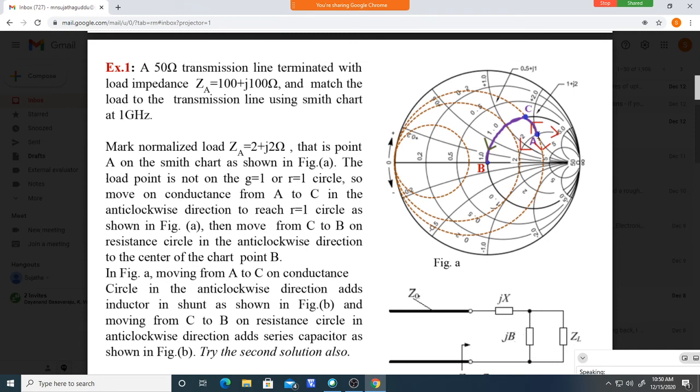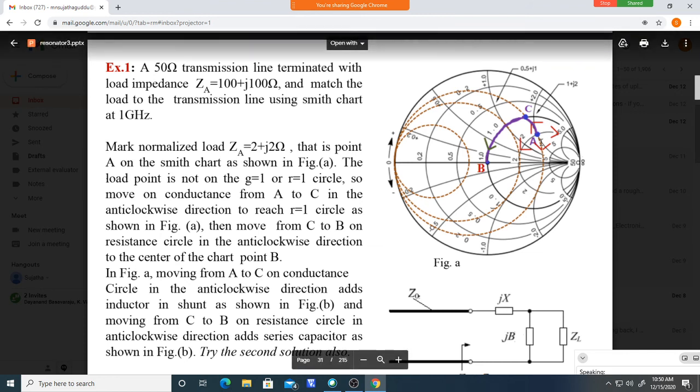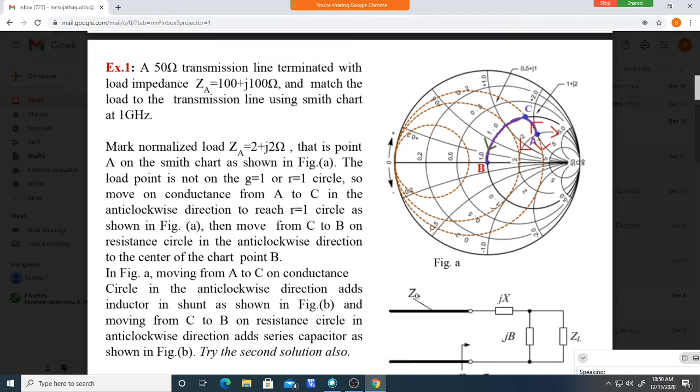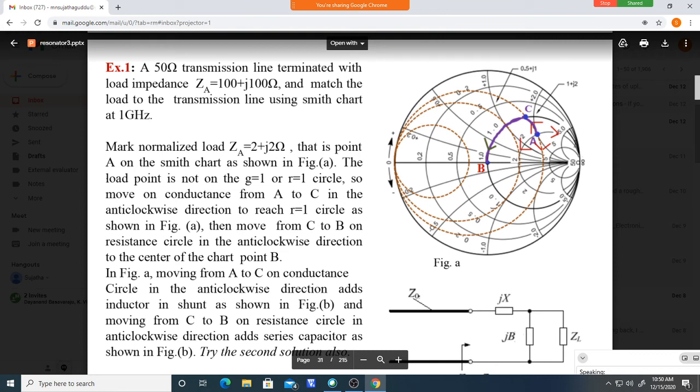To reach this point, we should reach the R is equal to 1 circle or the G is equal to 1 circle. From here, if I move here, can I reach the R is equal to 1 circle or the G is equal to 1 circle? No. If I move like this, it will end here. Or if I move on the resistance circle this way, it will end here.